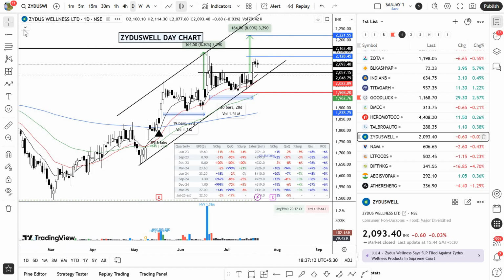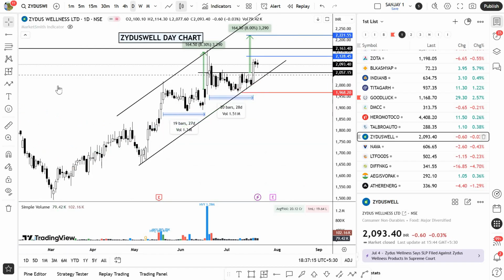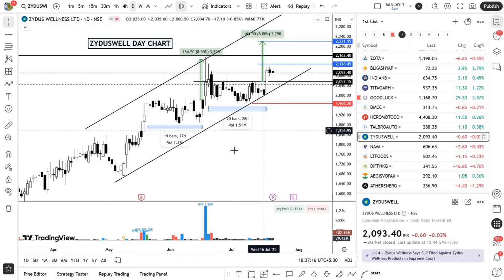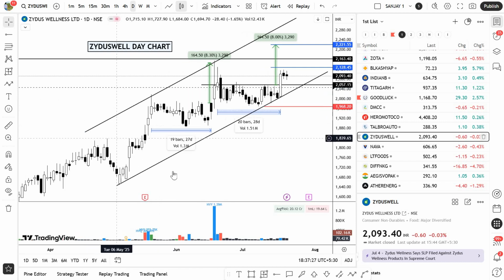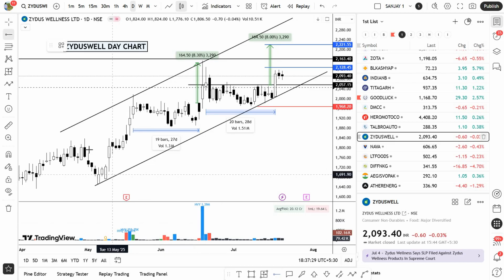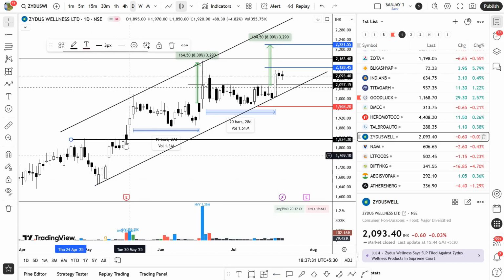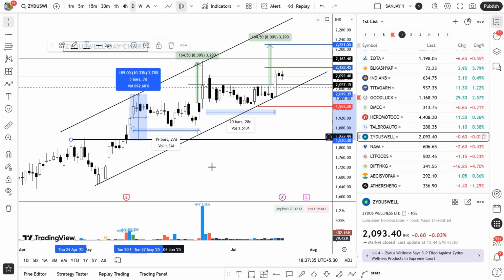Okay, this is Zydus Life. I have shared it with you in our previous watch list, that you can see it is touching the channel resistance, and at this point we can't say that this is channel resistance. Alright, after this breakout, you have got around, I think, 10% move.